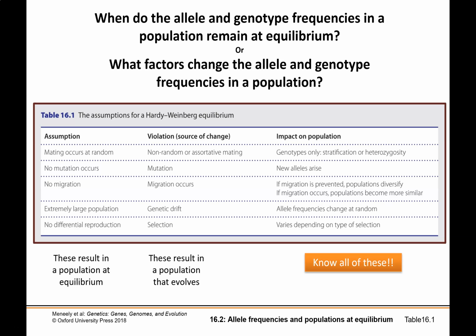And in order to say a population is not evolving, we have to make some assumptions. There are 5 Hardy Weinberg assumptions. They are random mating, no mutation, no migration, extremely large population size, and no differential reproduction. No differential reproduction is another way to say no natural selection.